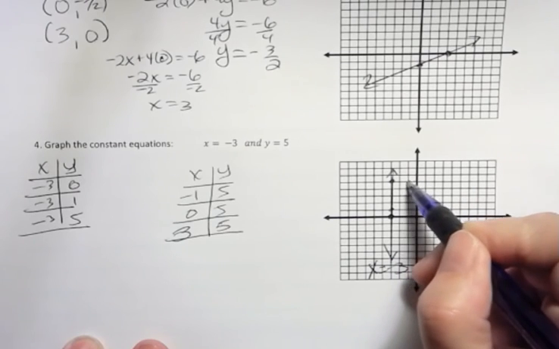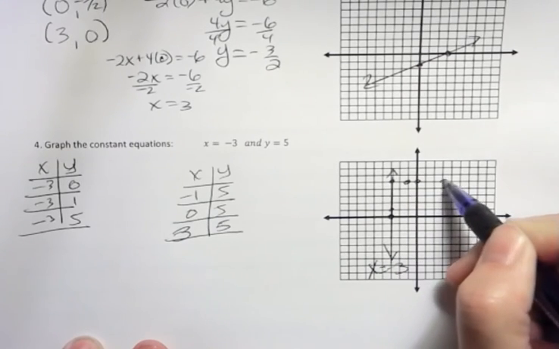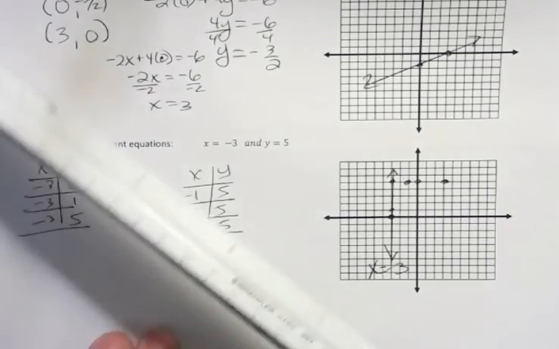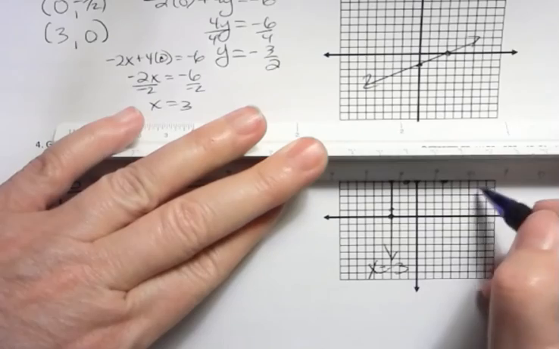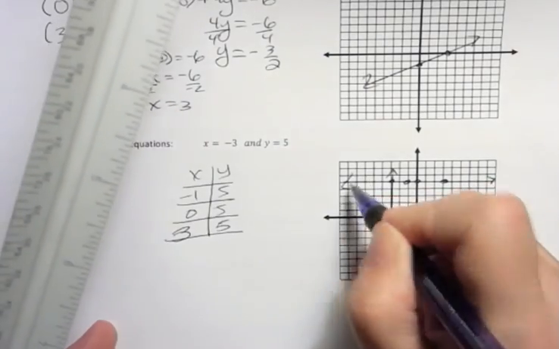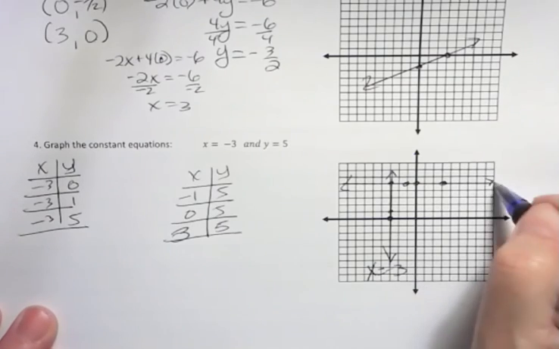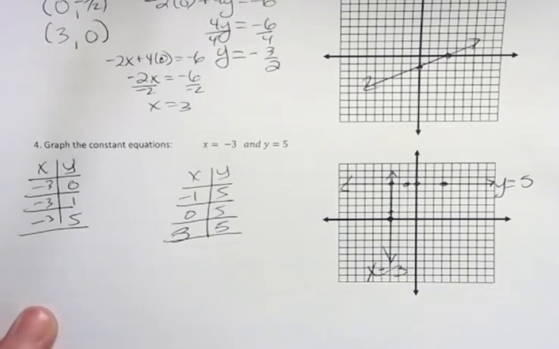If x is -1, if x is 0, if x is 3. And what happens whenever you have y equals a number is you get a horizontal line at that number. So the horizontal equation is y equals 5, and the vertical one is x equals -3.